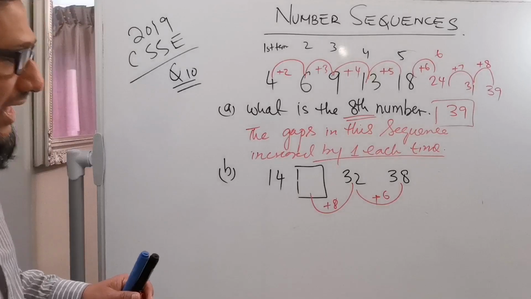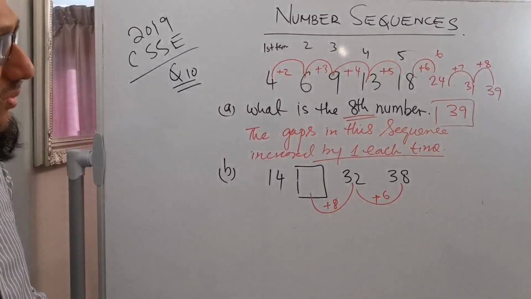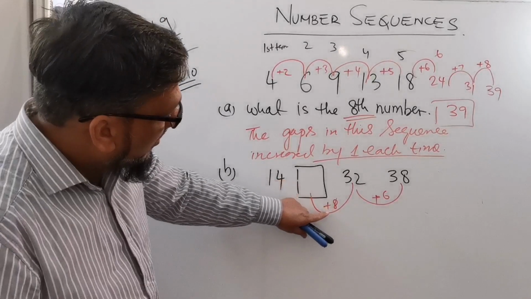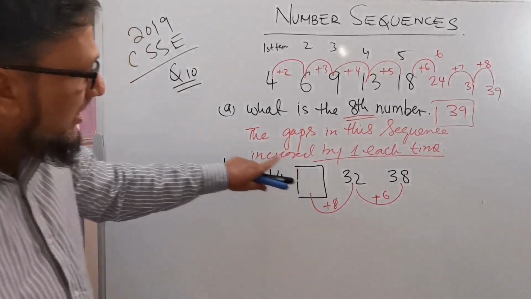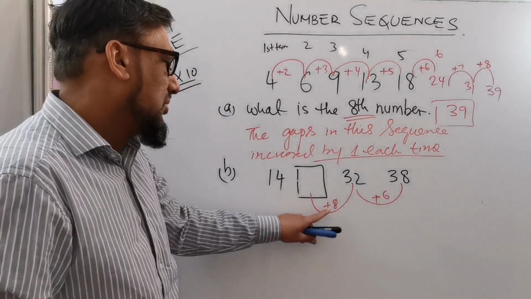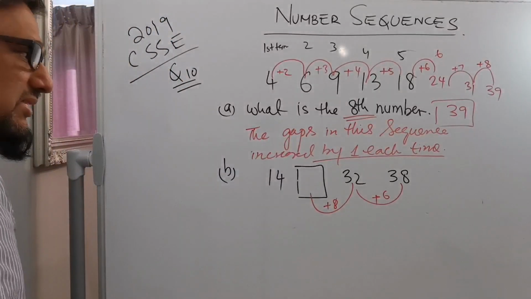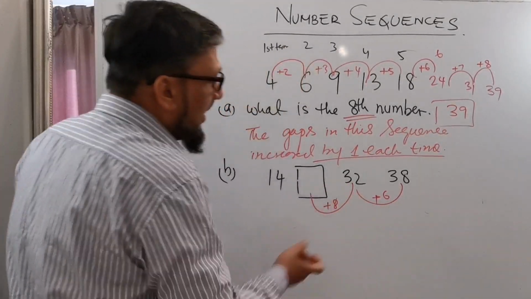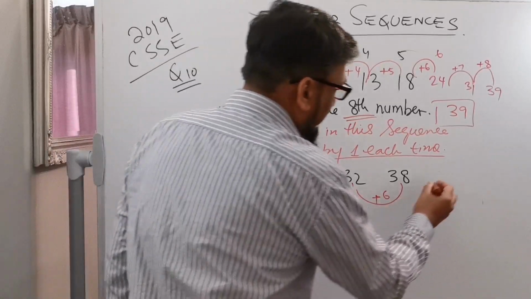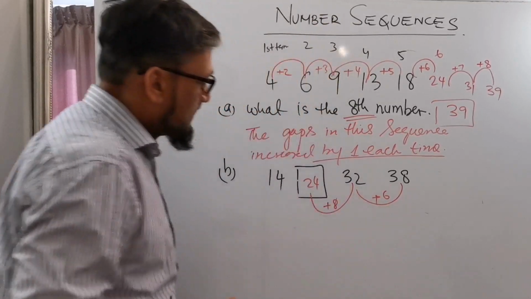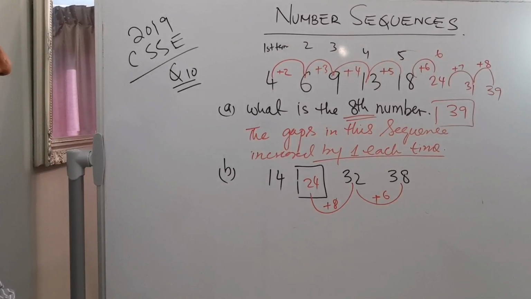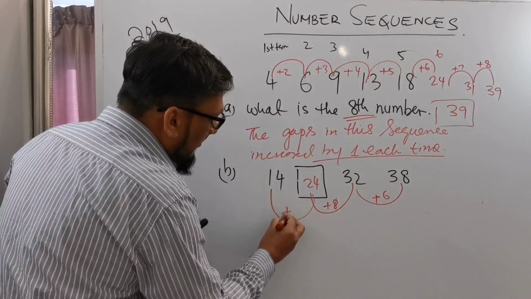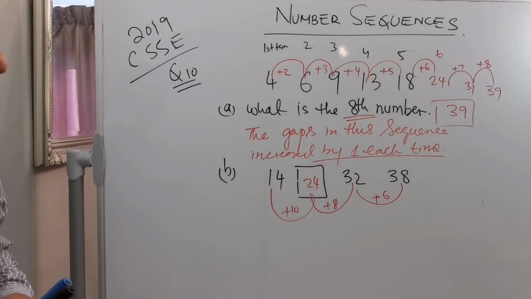When we go for the reverse calculation, as we discussed in my last videos, whenever the sign is plus 8, when you calculate in reverse, you need to do minus. So the inverse of plus is minus and the inverse of times is divide. So 32 take away 8 is 24. Now look at this difference: 14, plus 10, 24.